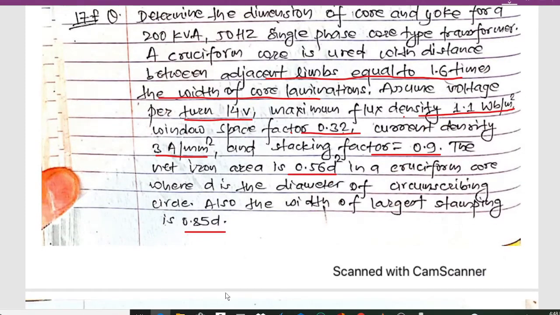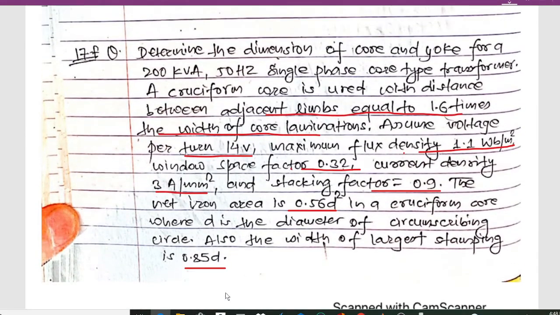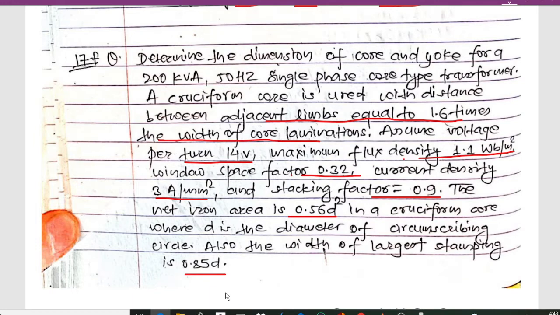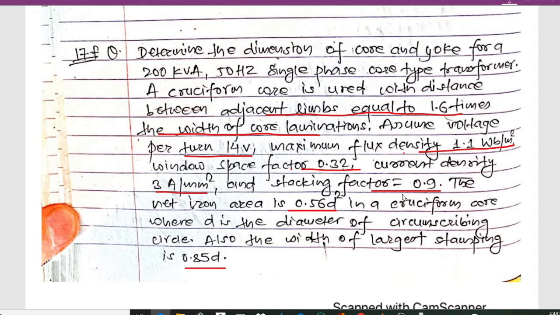So these are the conditions given in the question, and with the help of this you have to determine the dimension of core and yoke of a single phase core type transformer. And also one thing, here we have single phase core type transformer given, so be careful here. The transformer type may be different.